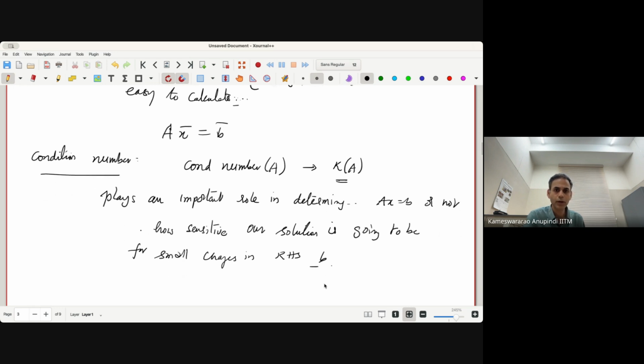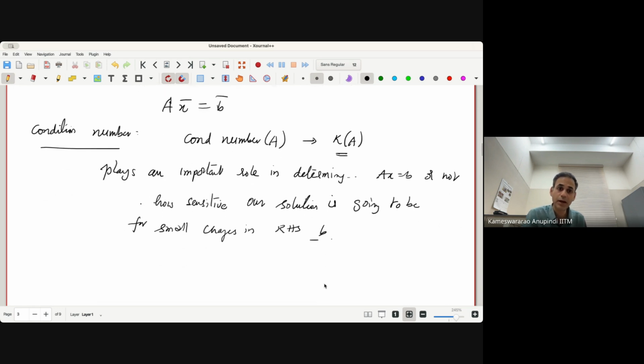So these 2 questions that we have raised are related to the condition number, and that is what we're going to look at.